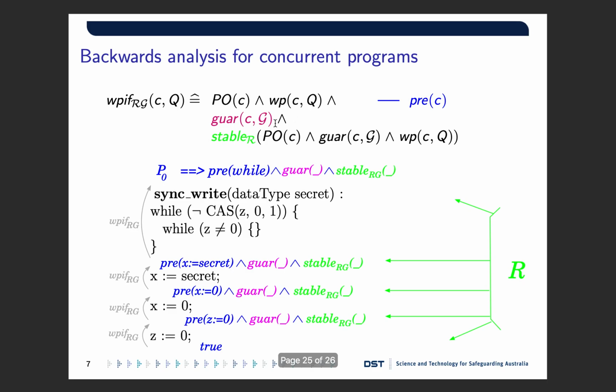Then the analysis looks like this. We apply WPIFRG over each instruction backwards. We have the blue part you've seen on the last slide, and we extend this blue part of the predicate with the guarantee and the stability check. And that takes into account the effects of the environment.